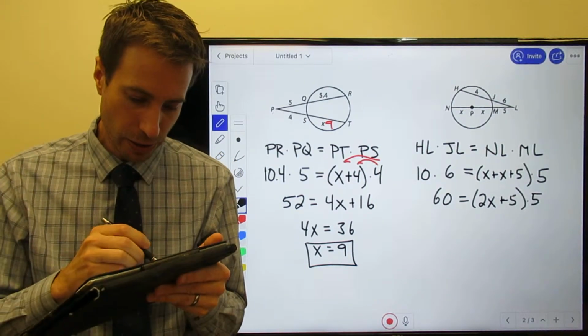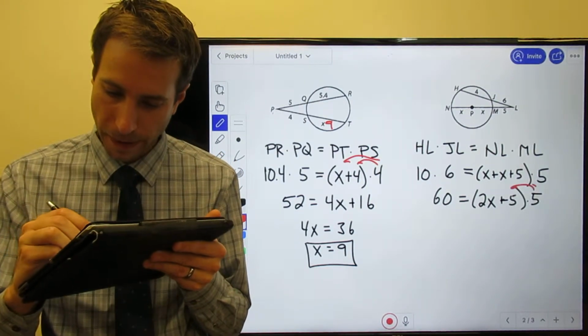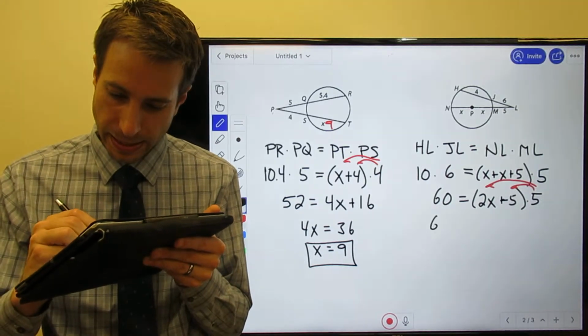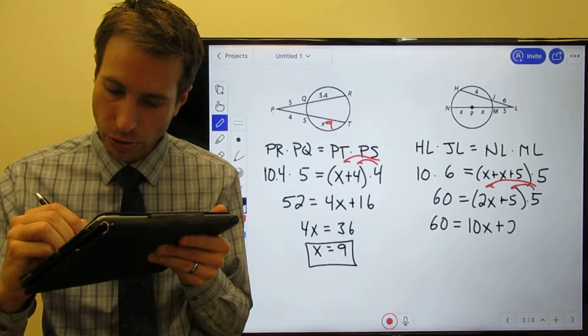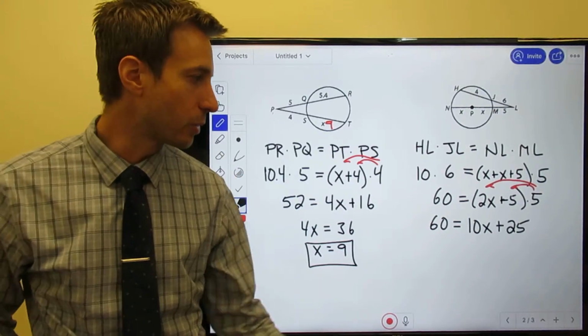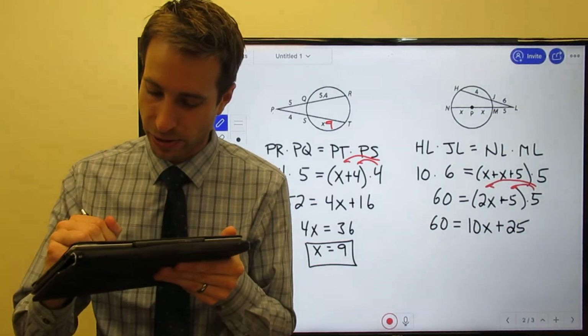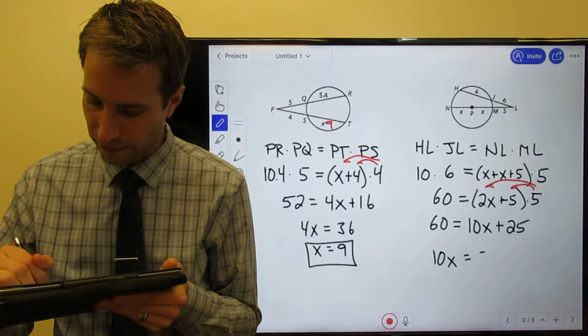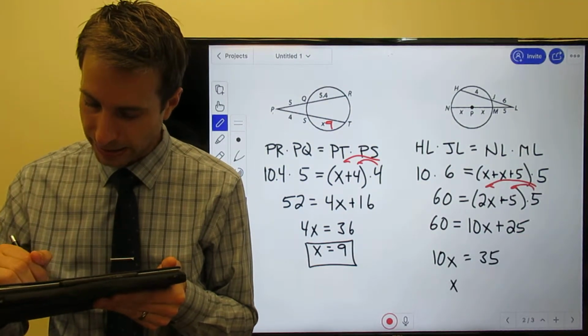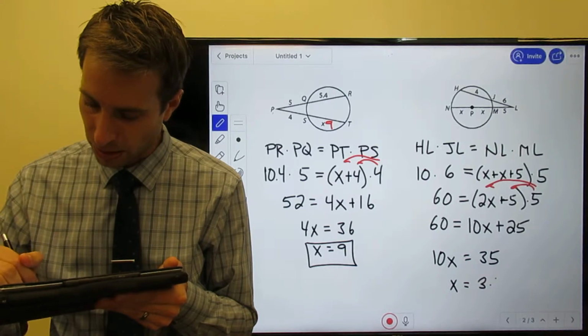Multiply by 5, don't forget to distribute. I get 60 is equal to 10x plus 25, and here we go. Subtract the 25 to the other side. 10x is going to be equal to 35. Divide by 10, and x is going to be equal to 3.5.